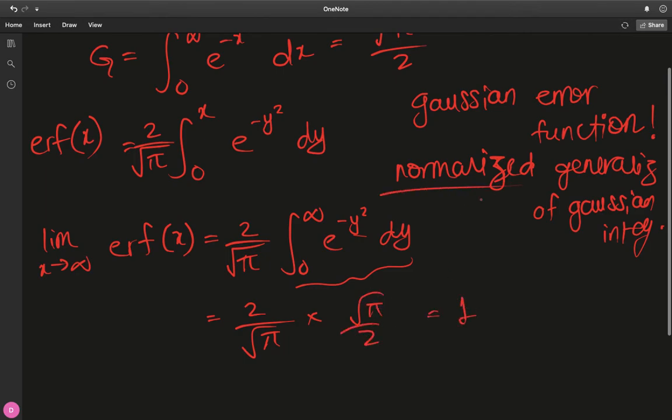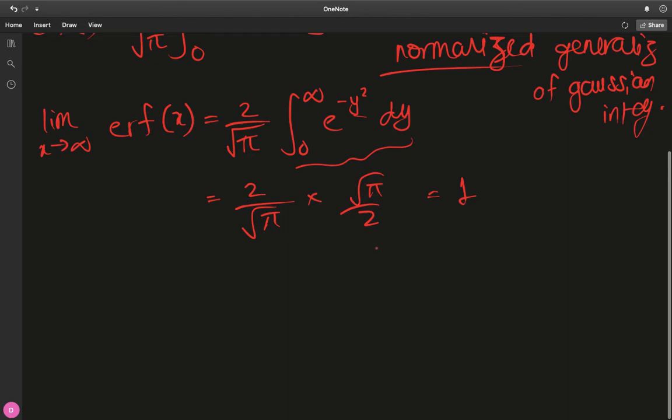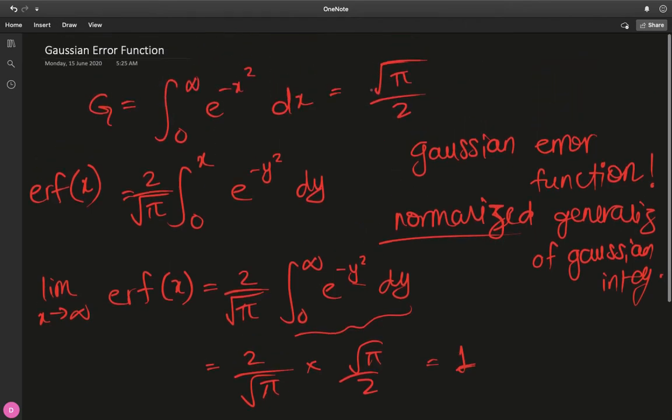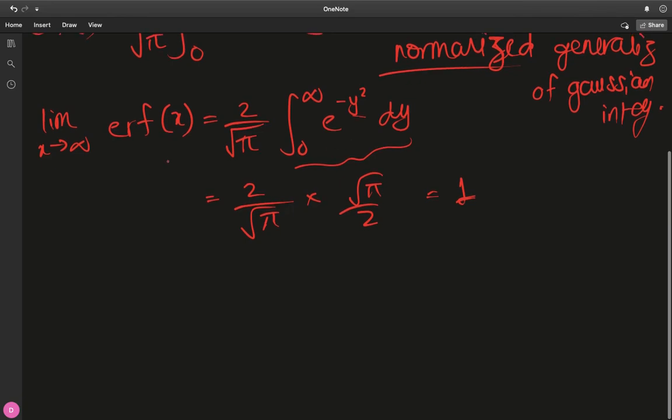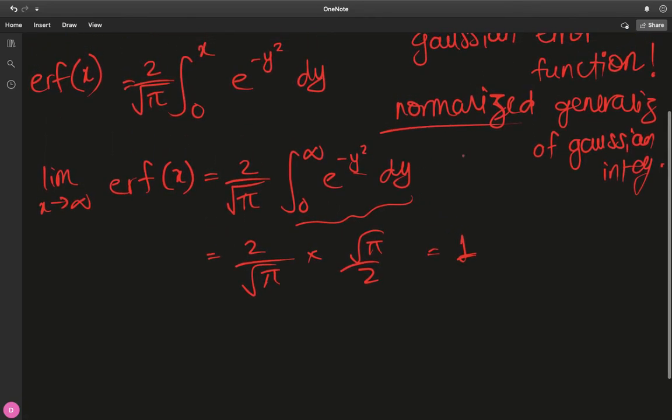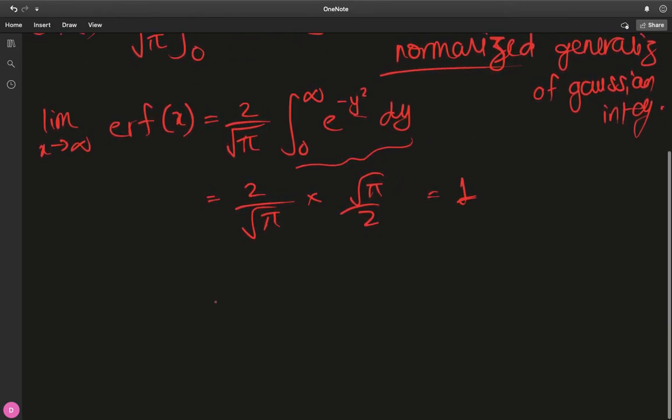That's why it's normalized. So for a regular upper bound of infinity, this will just become 1, unlike the normal Gaussian integral, square root of pi over 2. So the error function is basically the normalized generalization of the Gaussian integral. But what if we, like our case, had a lower bound of 1 and upper bound of infinity?